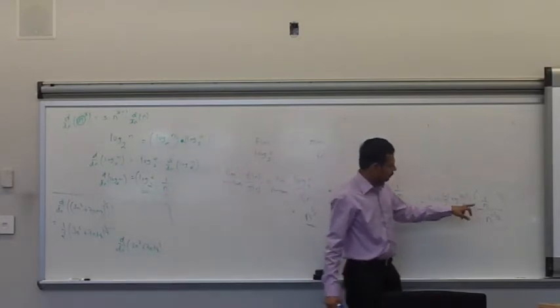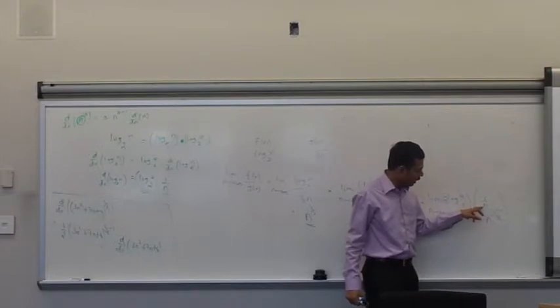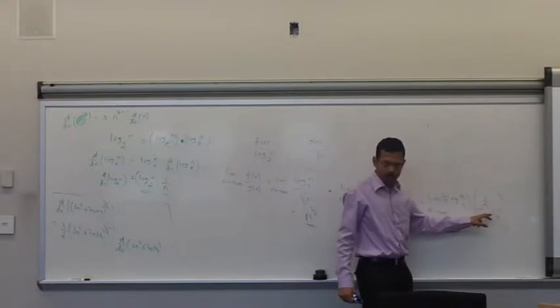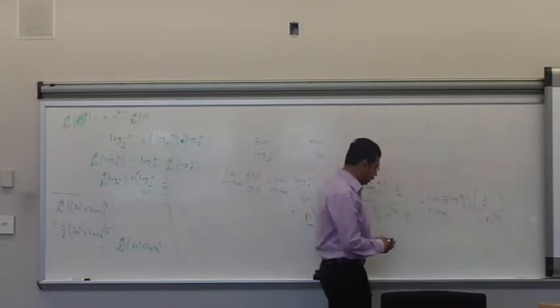So what happens now? You see here this n can be brought together with this, right? Because it is 1 over n to the negative half.